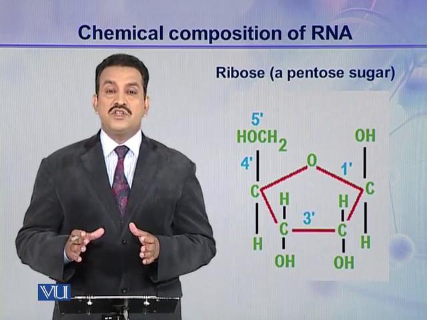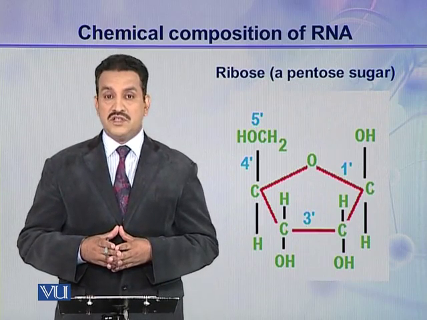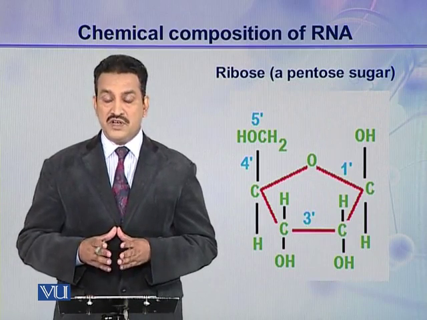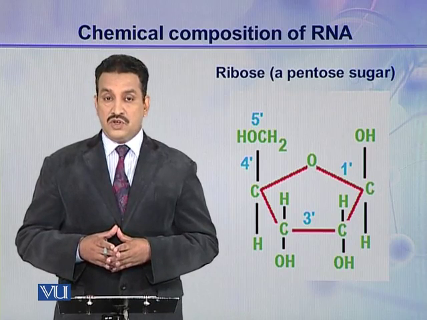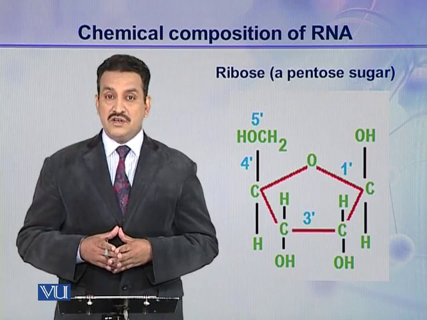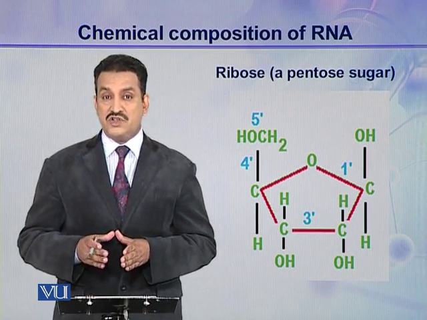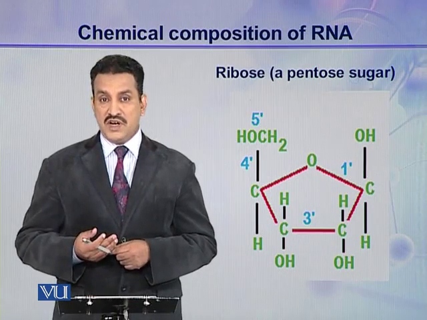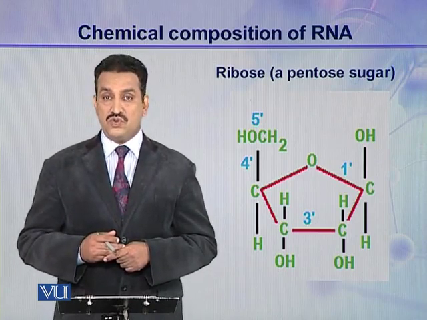Here, this is the first component of ribonucleic acid, and this is a pentose sugar. Here, the pentose sugar is a ribose. You know, in DNA, this sugar is also present, but in its derivatized form, and that form is deoxyribose sugar.